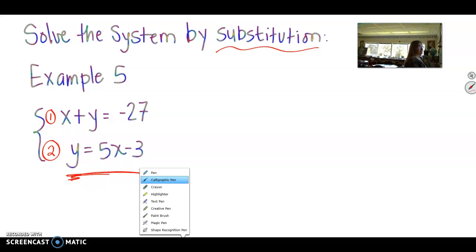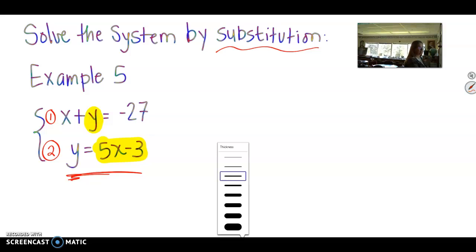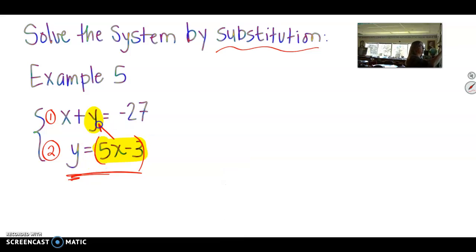And so if y is equal to 5x minus 3, they're equivalent to each other. Y and 5x minus 3 are equal. That means I can substitute in 5x minus 3 in place of the y up here in equation 1. So this is the substitution method, because I'm substituting in this expression in for y.